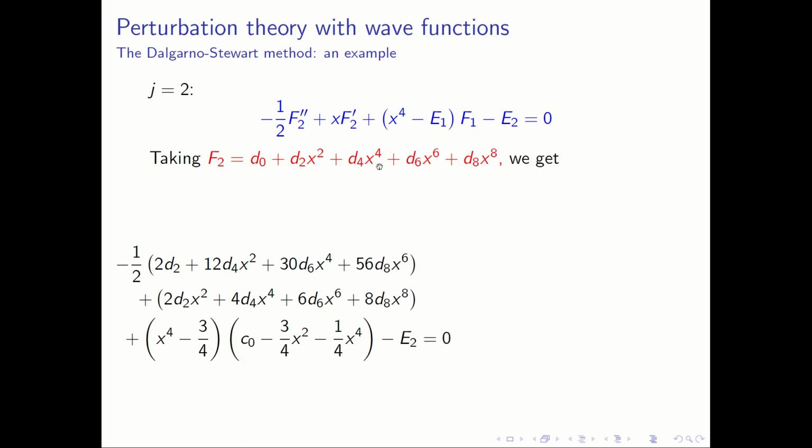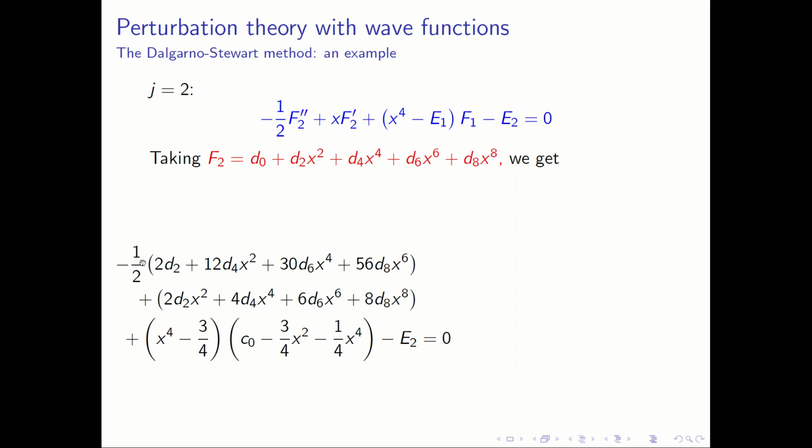So if you plug this function f2 into the equation, you of course get minus half times the second derivative, that's twice d2 plus 12 d4 x squared: 2d2 coming from this, then 12 d4 x squared coming from this, then 30 d6 x to the 4 coming from this, and 56 d8 x to the 6 coming from this.